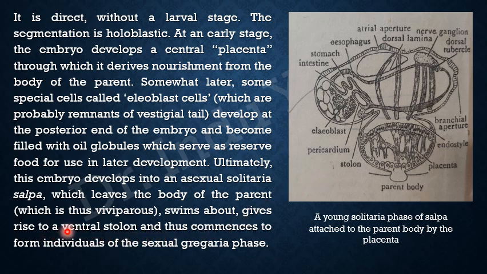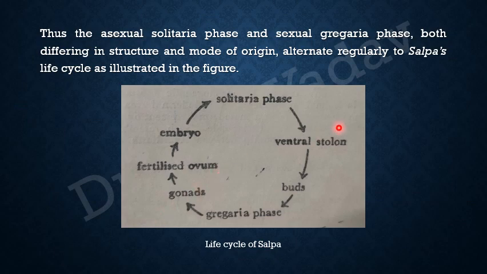When it gives rise to a ventral stolon, it becomes the solitaria phase animal, and then this solitaria phase animal starts preparing itself to give rise to the individuals of the sexual gregaria phase, and this way the life cycle continues. So you can see in this diagram the asexual solitaria phase.